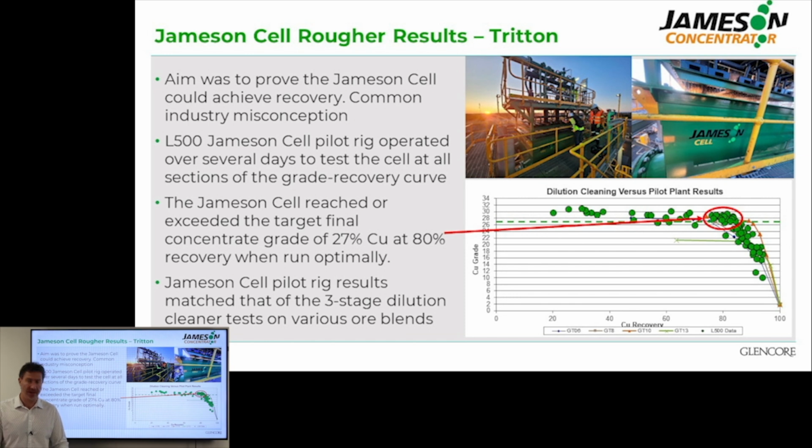And we actually reached and exceeded the target final concentrate grade of 25%, which was 27%, at 80% recovery when we ran the cell optimally. So the pilot rig results matched the results of the three-stage dilution cleaner test on various ore blends.